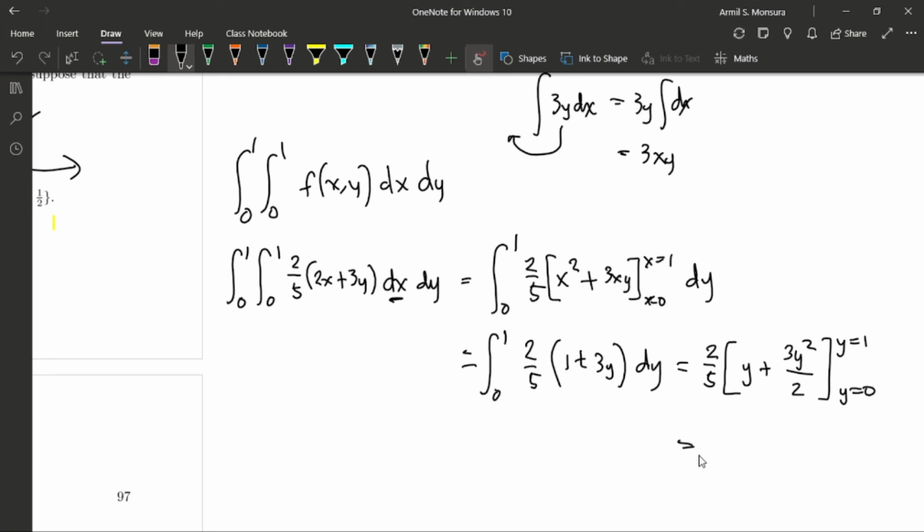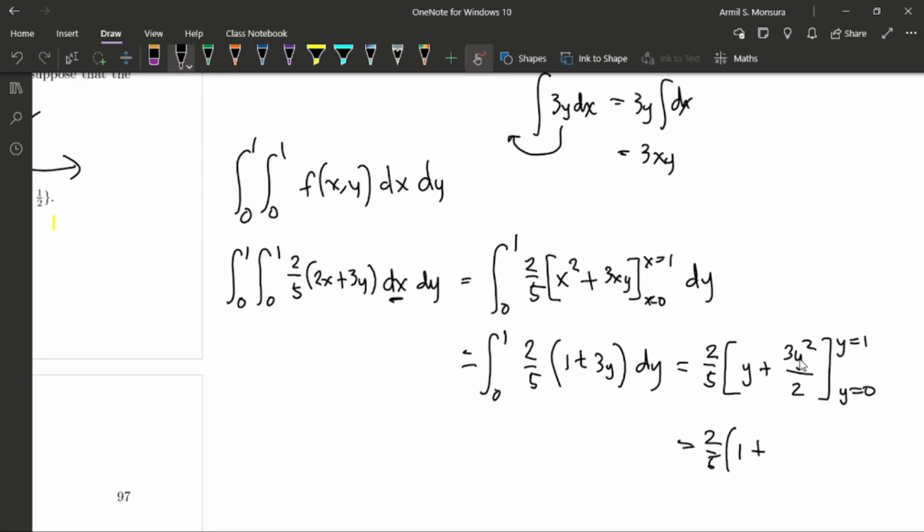Okay? So here, 2/5 multiplied to, para dito, we will have 1 minus 0, yung difference nito ng dalawa. So that is 1. Okay? And then, plus, here, we will have 3 times 1 over 2, minus 3 times 0 over 2.